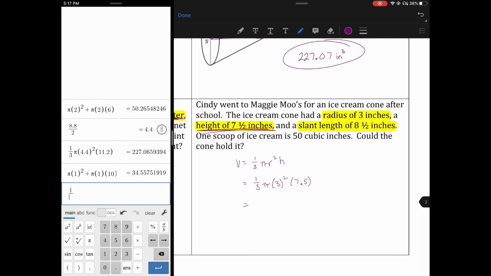So I have 1/3 times pi r squared times my height, which is 70.69 inches cubed. So if one ice cream cone is 50 cubic inches, then yes, the cone can hold all of it.